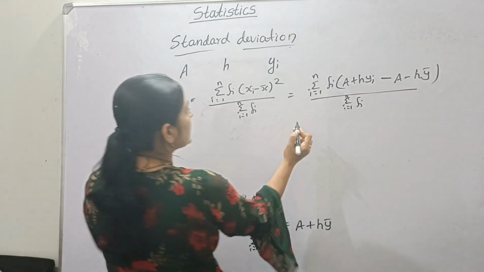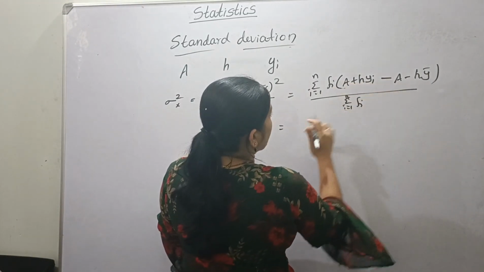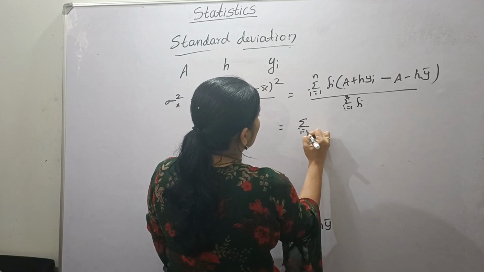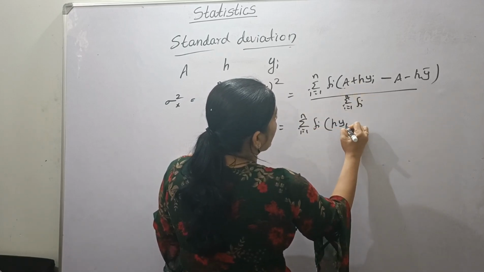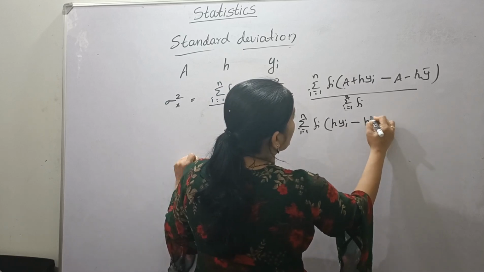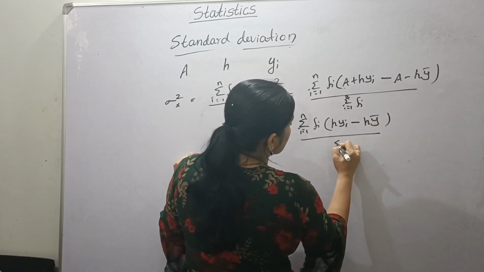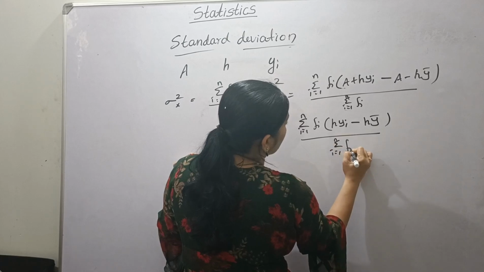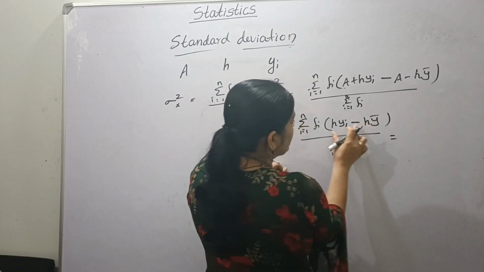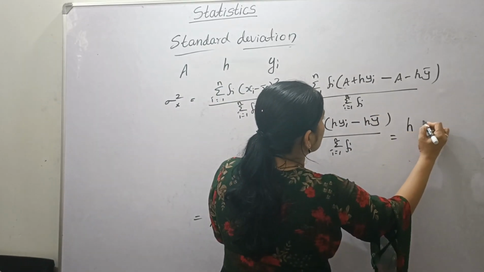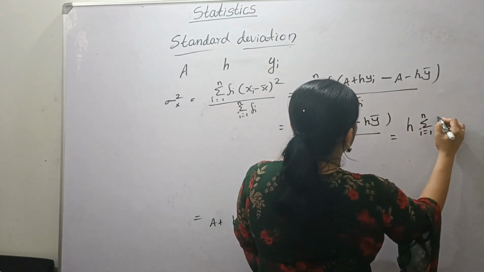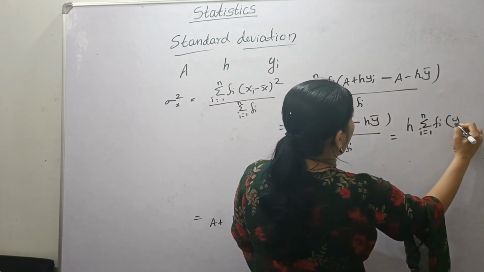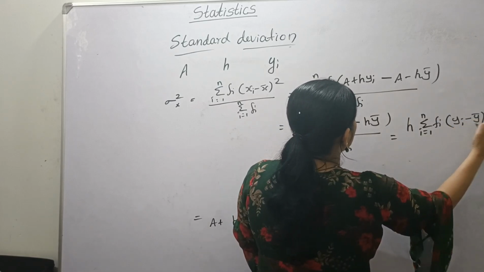So here a minus a cancelled, so sigma i equal to 1 to n fi into h yi minus y bar, divided by sigma i equal to 1 to n fi. Okay, so here h is common, take it out, so h into sigma i equal to 1 to n fi into yi minus y bar whole square.